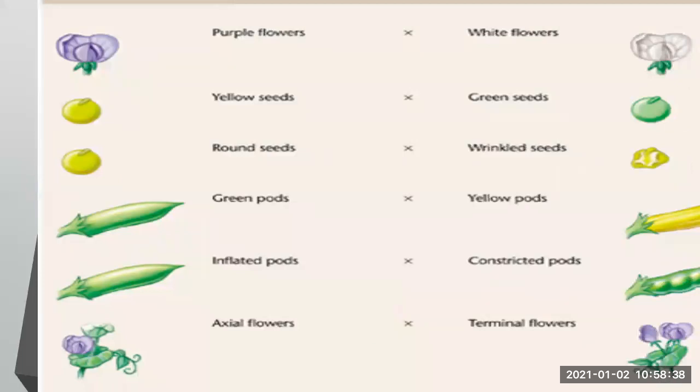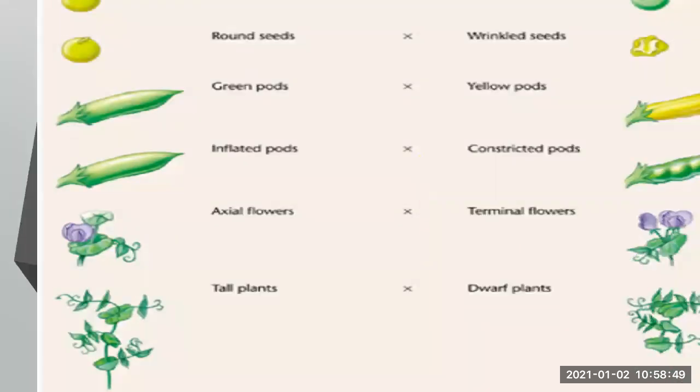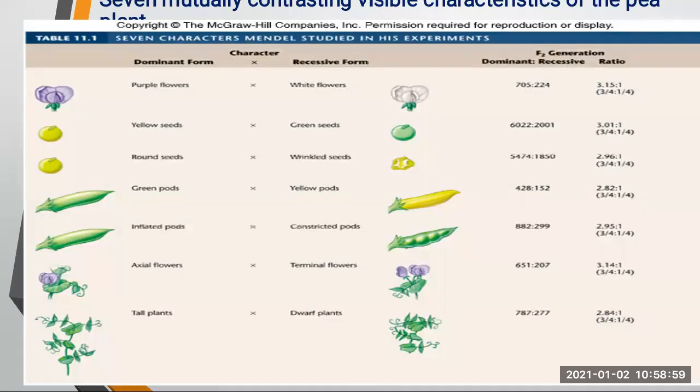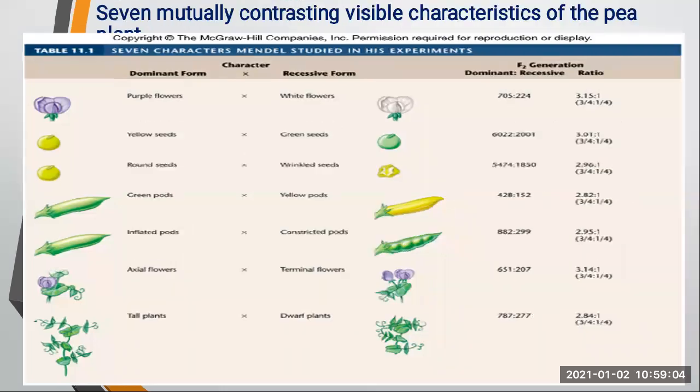Green pods of the pea plant are dominant while yellow pods are recessive. In the same way, inflated pods, constricted pods, axial flowers, terminal flowers, tall plants, dwarf plants. Tall is a dominant character, dwarf is a recessive character. So these are the characteristics which he studied.